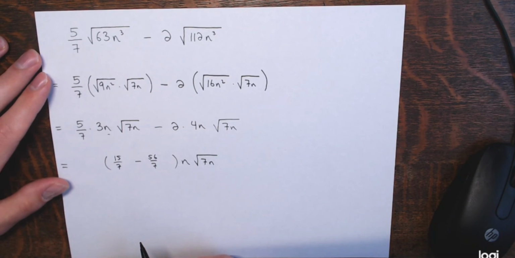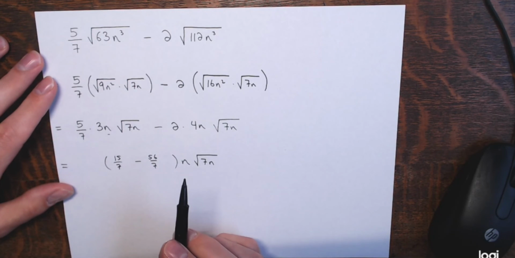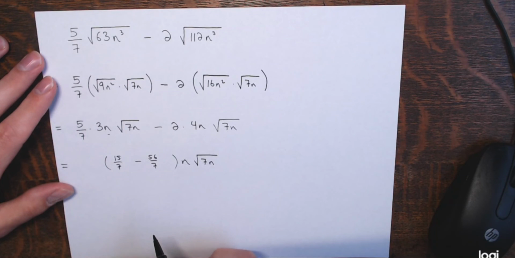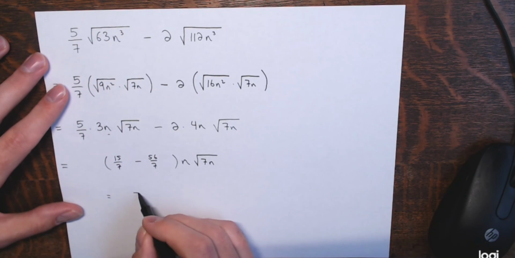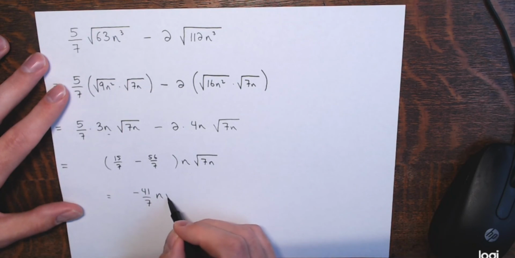And now that I've got a common denominator, you combine the numerators. 15 minus 56 would be negative 41. So when all is said and done, this is negative 41/7 times n times the square root of 7n.